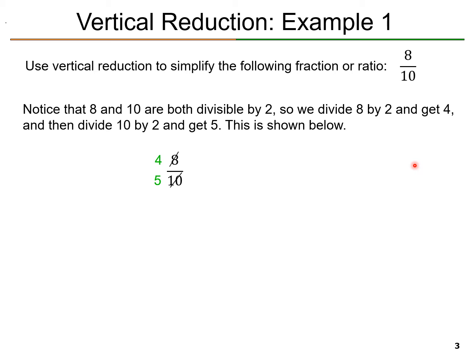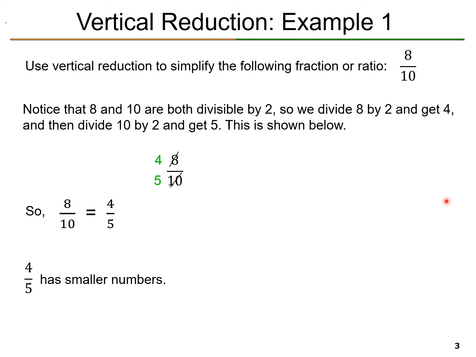So we divide 8 by 2 and we get 4. And we can divide 10 by 2 and get 5. And so 8/10, or 8 divided by 10, is equal to 4/5 right here.